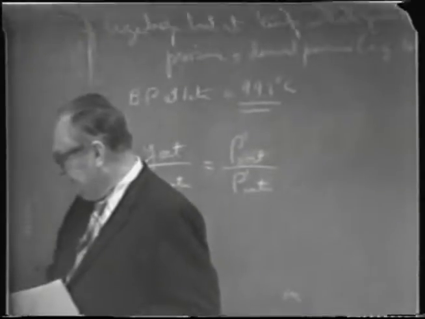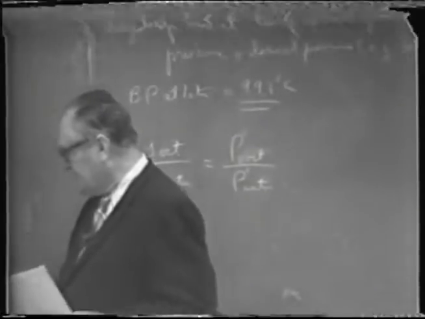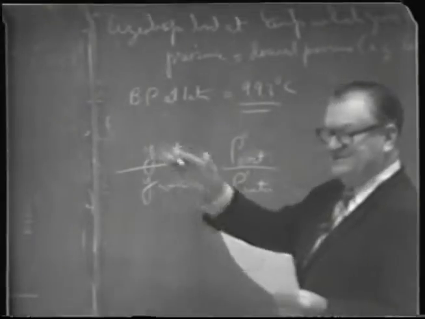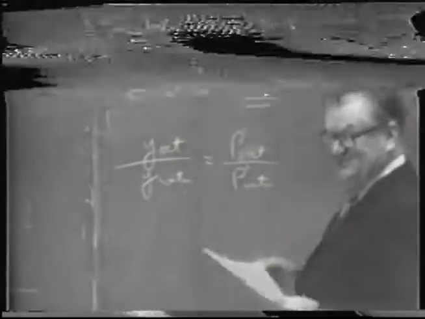I notice now that I wrote this down wrong. The boiling point of octanol is 195 instead of 165 in the pure state. It doesn't change the principle of it. It just makes your notes a little more messy.